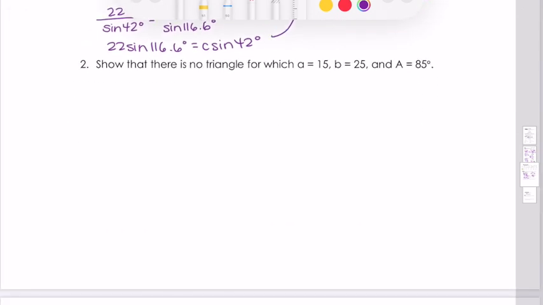Alright, this one says, show that there is no triangle for which one side length is 15, another is 25, and the angle across from the 15 is 85 degrees.